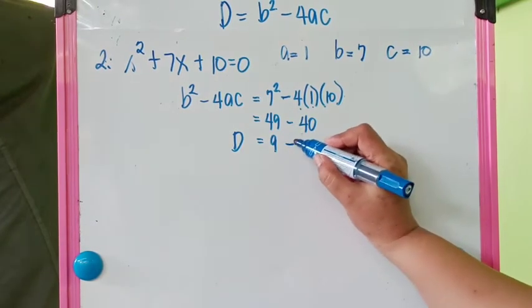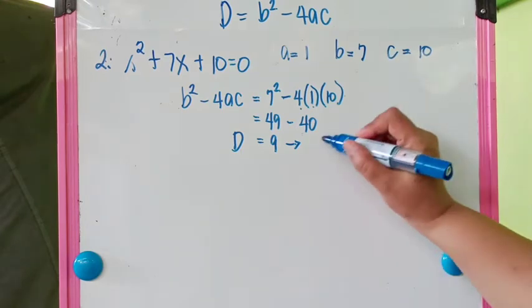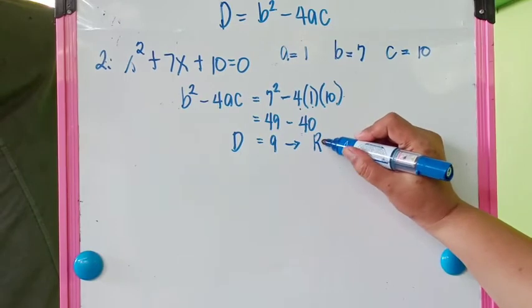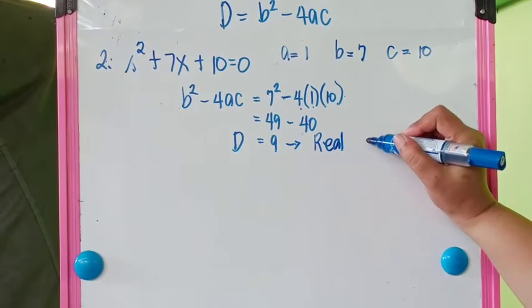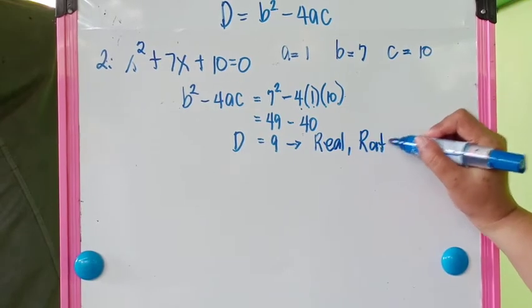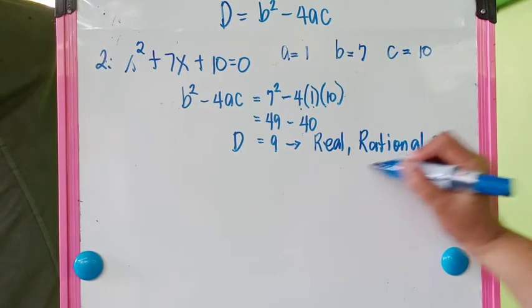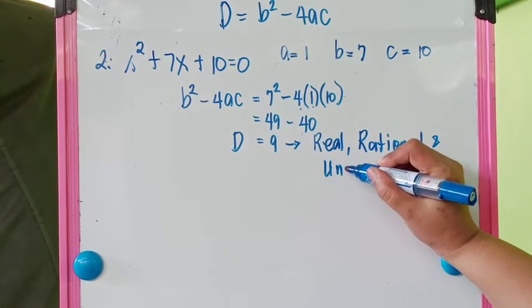So, if the discriminant is a perfect square, ibig sabihin, the nature of the roots are real, rational, and not equal. Unequal.